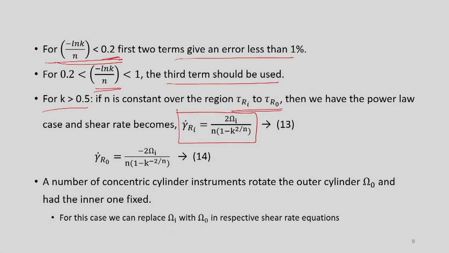If, let us say, the outer cylinder is rotating, then the corresponding shear rate expression in this case will be gamma dot r_naught is equal to minus 2 omega_naught by n into 1 minus k power minus 2 by n. So, in such cases, where the outer cylinder rotates at omega_naught and maybe the inner cylinder is fixed, one can replace omega_i by omega_naught and then simply move forward to the calculations.